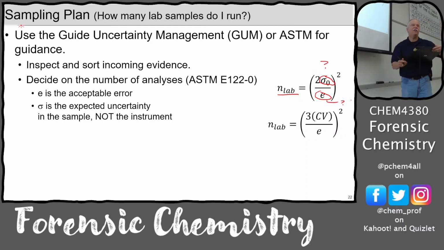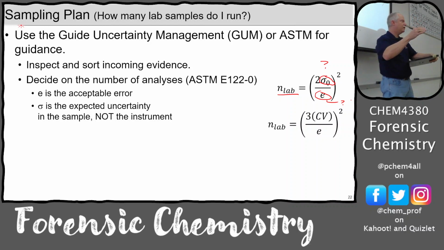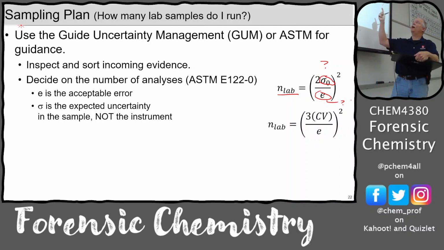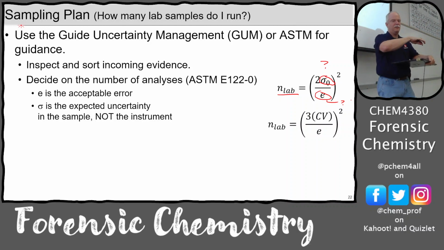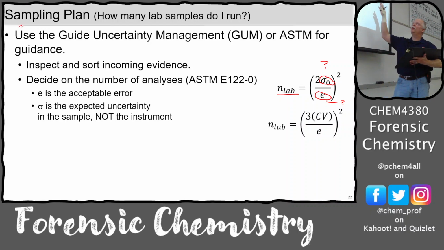You're only going to have those with years and years of experience in terms of what your lab is processing. So these guidances are great for crime labs that have a long pedigree with their instruments and their samples that they get and so on. So I don't really know how, if it's an unknown situation, you would use these equations.